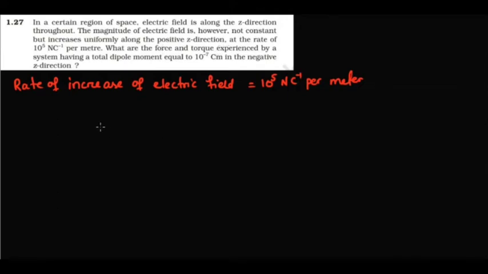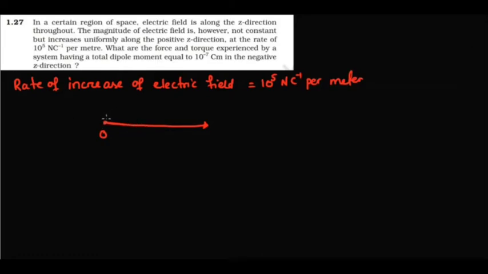Is that clear? Suppose I will draw the z axis. Let us say that this point is the origin, and this is the z axis, and this is the positive z axis. So if this is the origin, then this is the positive z axis and this is the negative z axis.